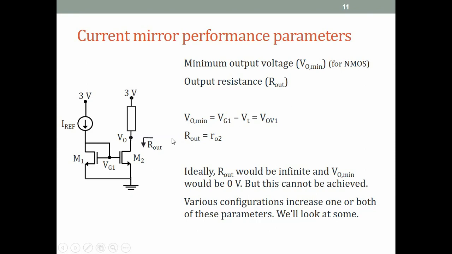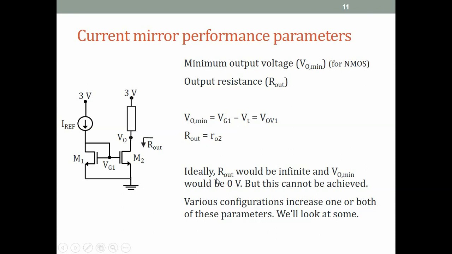It is impossible to reduce VO min below the overdrive voltage of this transistor. All one can do is make the overdrive as small as possible, and as we've seen before, the smallest overdrive one can design for is 0.1 volt. So one cannot design a current mirror with a VO min less than 0.1 volt.